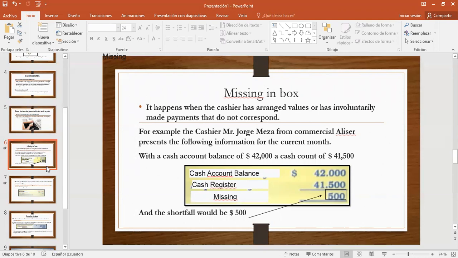For example, the cashier, Mr. George Mesa from Commercial Leisure, presents the following information for the current month.